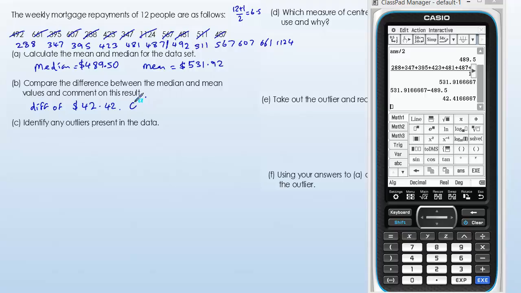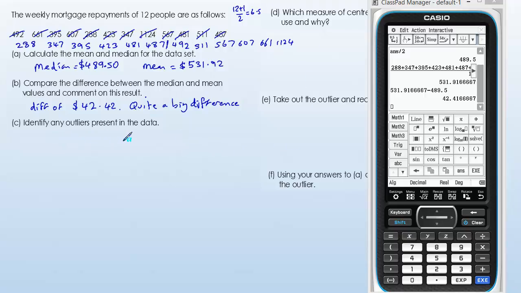And it's quite a big difference. Two measures of the centre differing by $42 in this sort of range of values. So that's all I'm going to say for now, and there's more things to comment on further on.